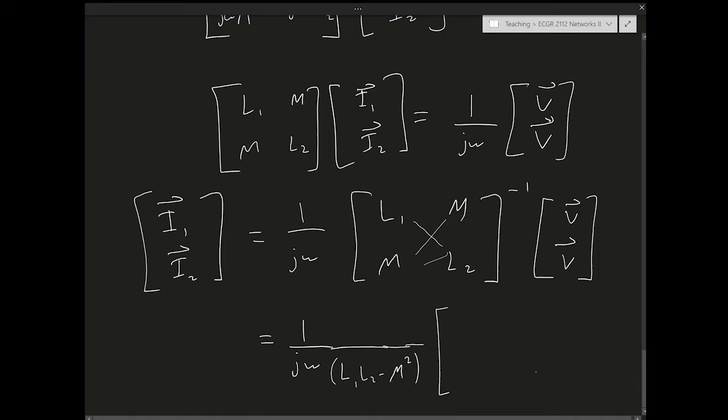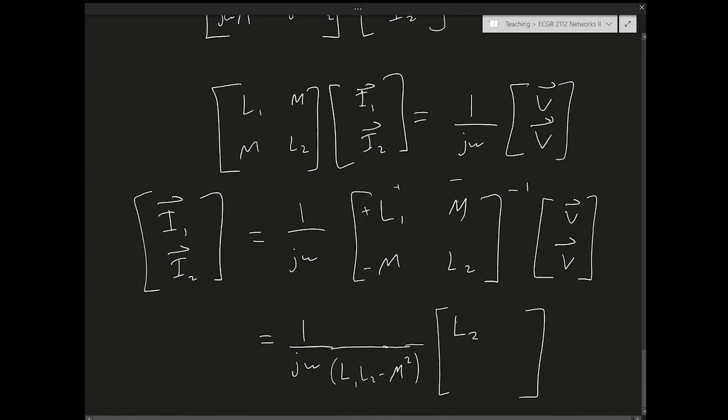And then I have now to take the transpose of the cofactors. So I need to fill this in. What's this thing going to be? This is going to be the cofactor of L1. The cofactor of L1 is L2, so this is going to be L2. And then I move to M, because this is positive minus, positive minus, when I move to M the sign is going to flip to negative.